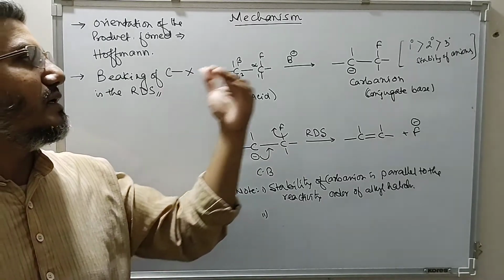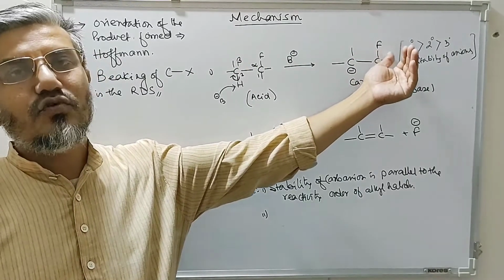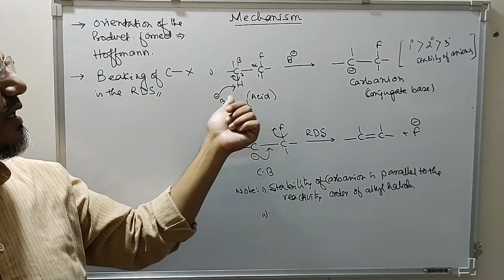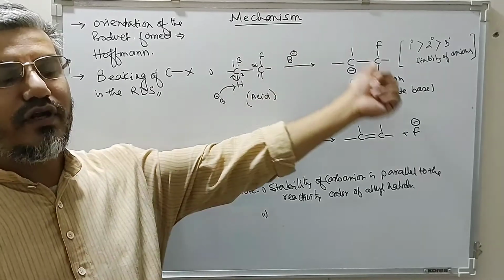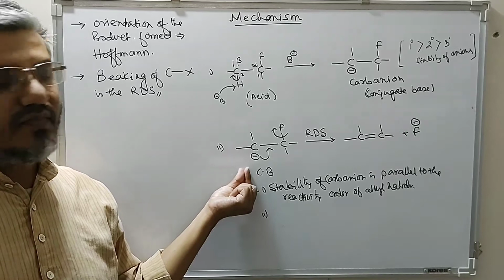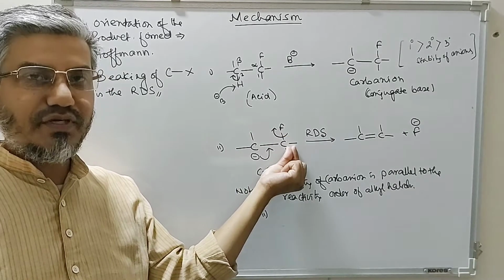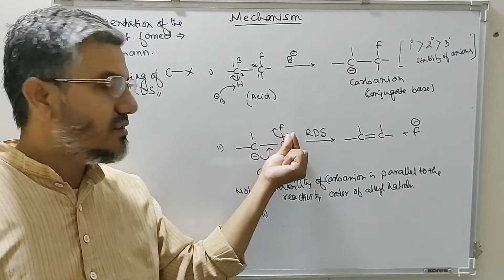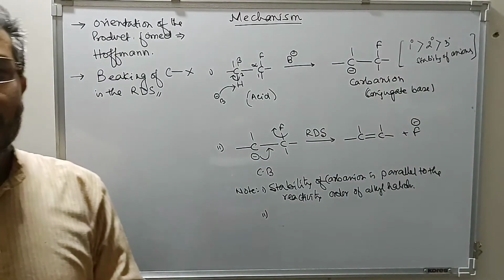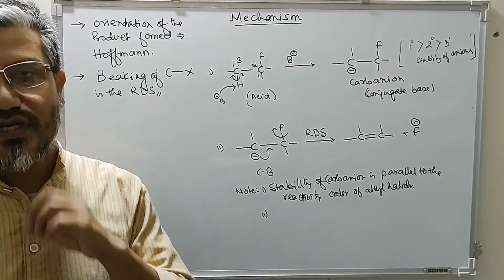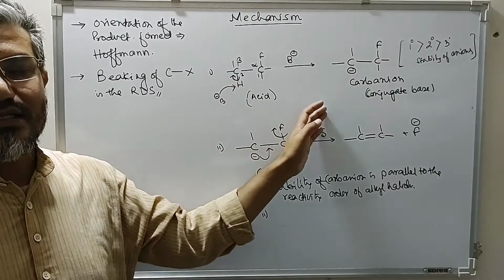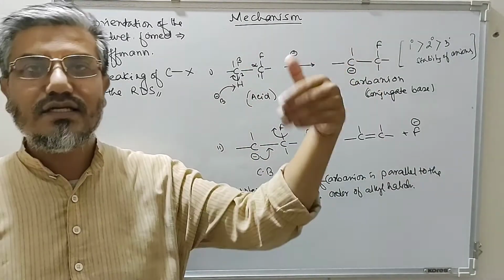So before this carbon fluorine bond breaks, this base abstracts the hydrogen, acquiring the carbanion, and finally this free electron pair attacks this carbon bearing fluorine and helps in removing fluorine. So the reason for this is fluoride ion being the strongest base is a very poor leaving group. So these cannot be eliminated in a concerted or single step reaction.